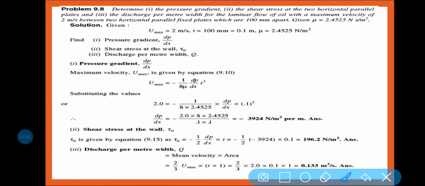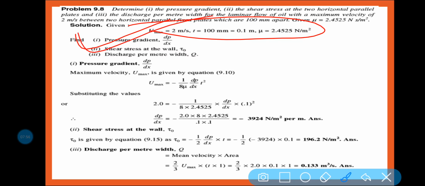First of all, again pause the video, then solve it yourself, and after that see what I am discussing. Pressure gradient, these are the values which are given. Thickness is t, 100 millimeter is given. Shear stress at wall tau naught, maximum shear stress you will be getting at the wall, and discharge per meter width, so that is also you have to find out.